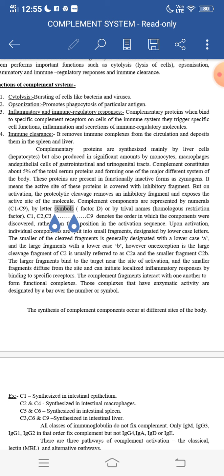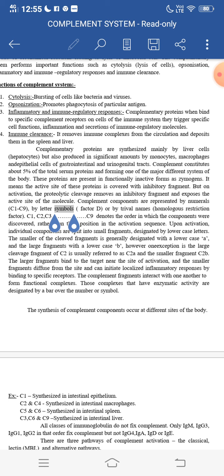That is, the proteins get broken down, and cleavage means a change in the form of these proteins. This removes the inhibitory fragment which has blocked the surface of the complement protein, and thus exposes the active site of the molecule.